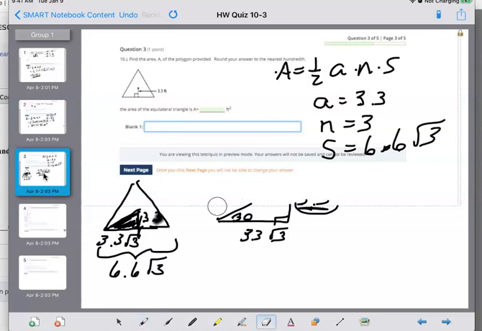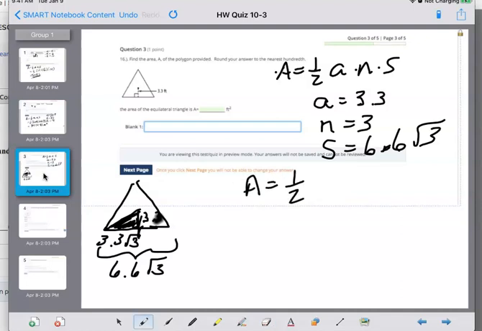So this is my work environment, and now I've got area is equal to 1/2 A, which is my apothem, 3.3, times the number of sides, 3, times my side length, 6.6 square root of 3, and I put that in my calculator.